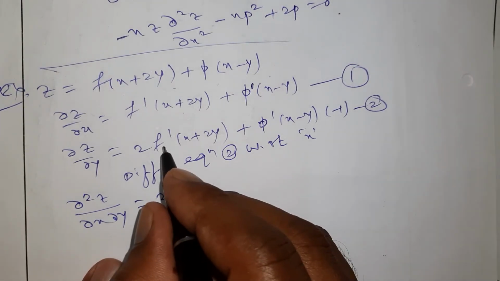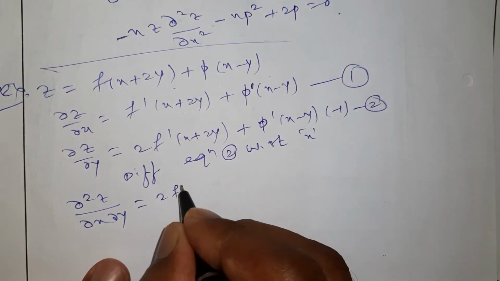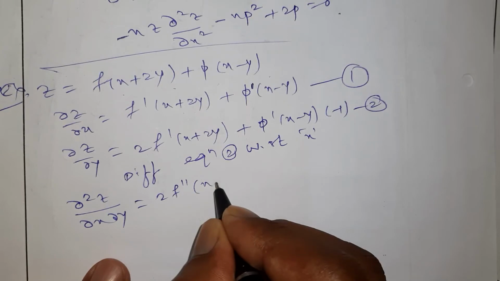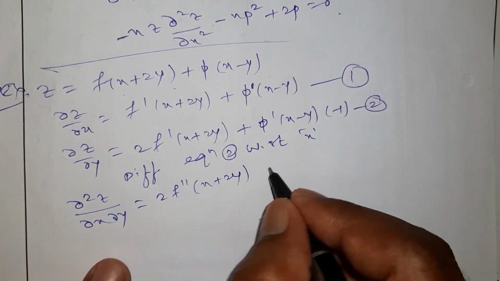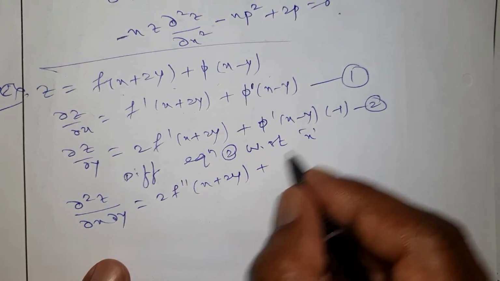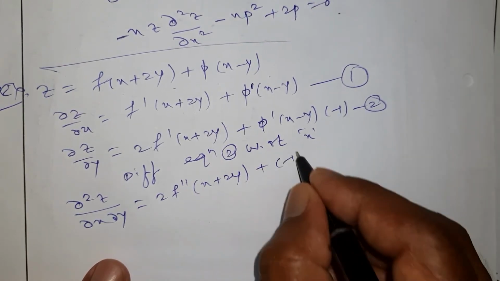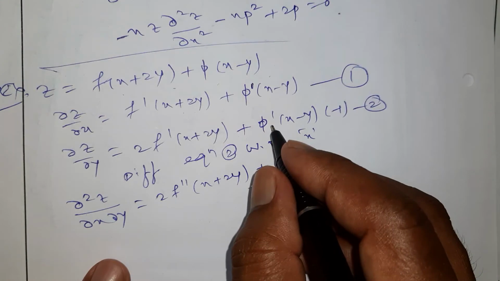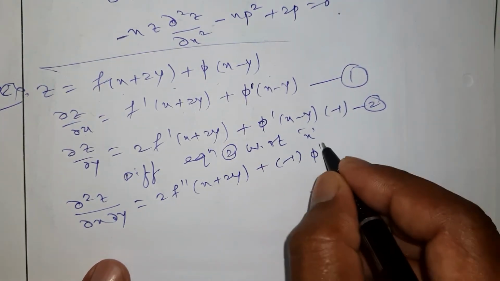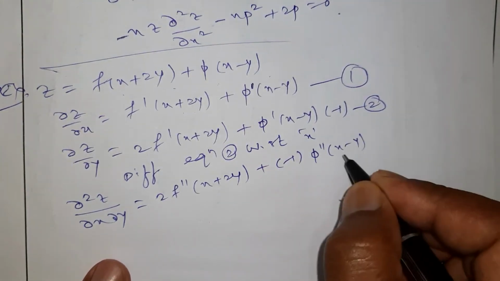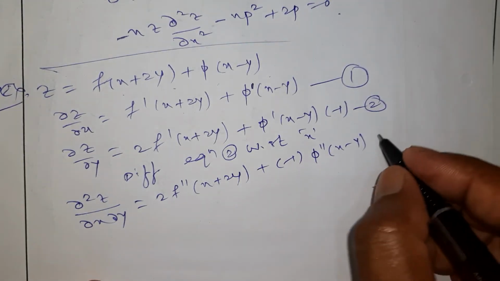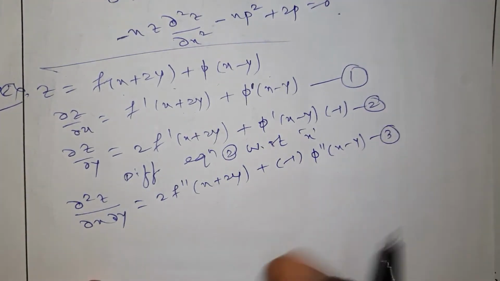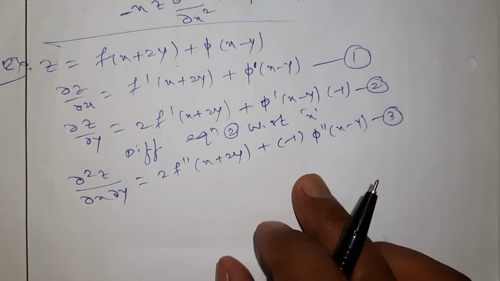What is the derivative of f dash? It is f double dash of x plus 2y with respect to x. The derivative of x is 1, plus, in fact, the minus sign is there, so minus 1. What is the derivative of phi dash? It is phi double dash of x minus y, into 1. Still I don't get any idea. So this is my third equation. I don't get any idea from this also.